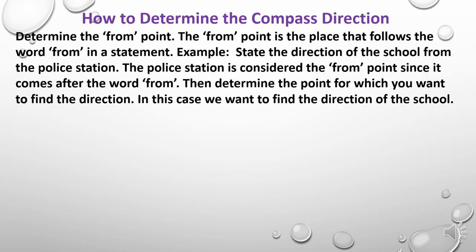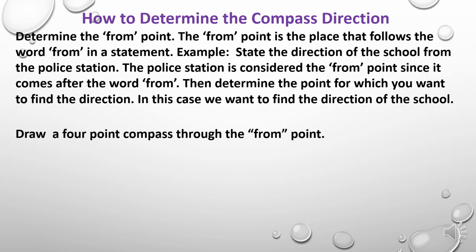Then we must also distinguish the point from which you want to find the direction. In this case, we want to find the direction of the school. At the from point, we will draw a 4-point compass through our from point. This will be achieved with the use of a pencil and a ruler.